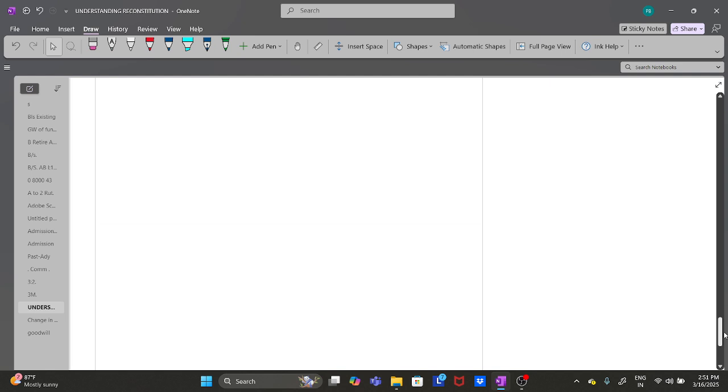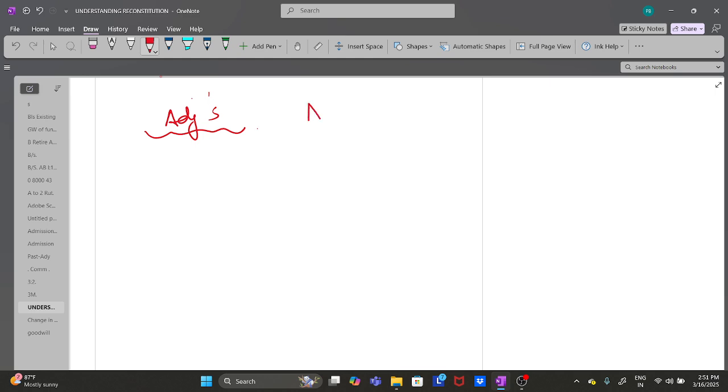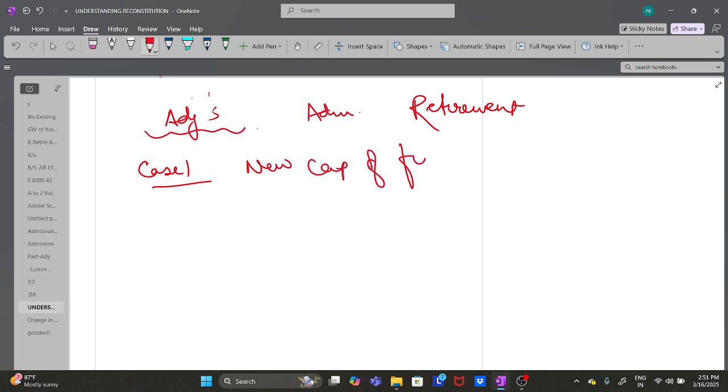Apart from this, one more thing which we need to know is adjustments. Adjustments are usually there in admission and retirement. A quick recap of these. In admission, case 1, the new capital of the firm is given.